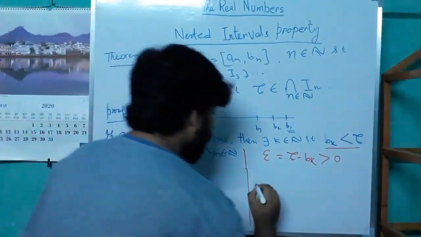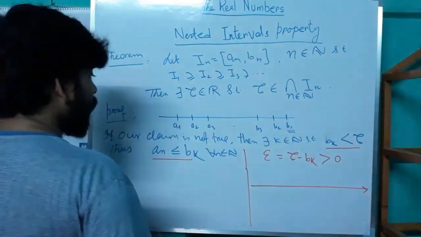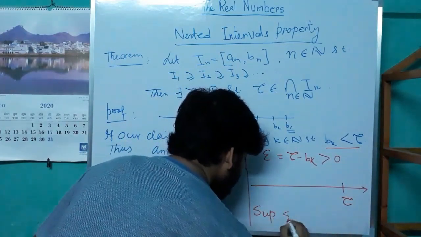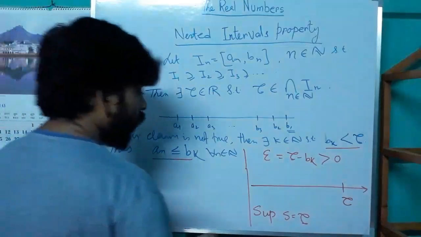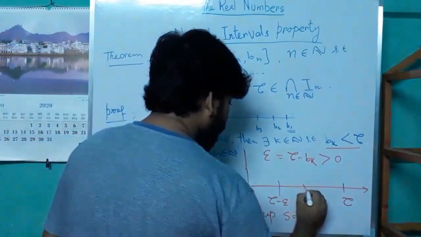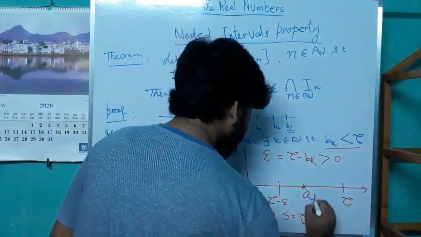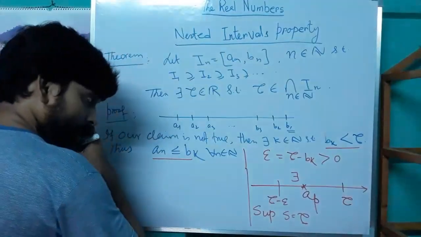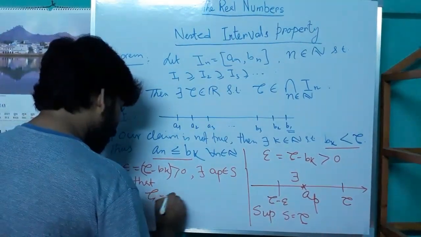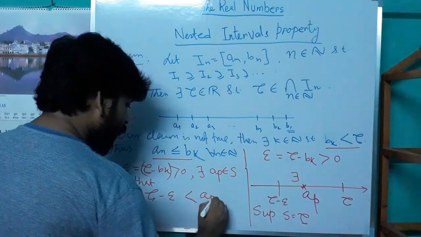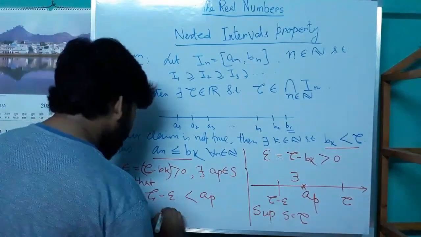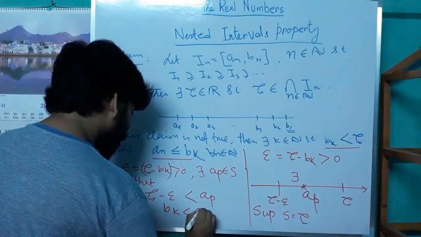Since zeta is the supremum of the set S, for that epsilon there exists an element AP belongs to S such that zeta minus epsilon is strictly less than AP, which implies, zeta minus epsilon is nothing but Bk, so Bk is strictly less than AP.